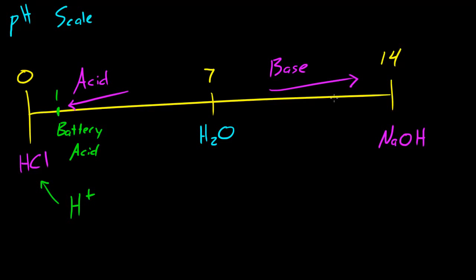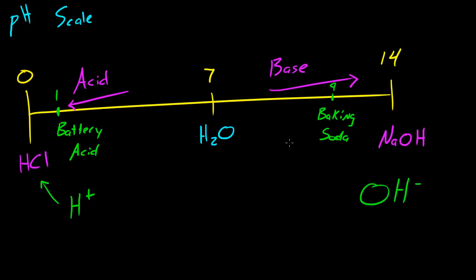Now, something that is kind of basic, that is more common than sodium hydroxide, would be something like baking soda. If we were to test baking soda, it only has a pH of 9. Of course it's pretty basic but not as basic as sodium hydroxide, and we would find that sodium hydroxide releases more OH negative, which is hydroxide, in comparison to baking soda.